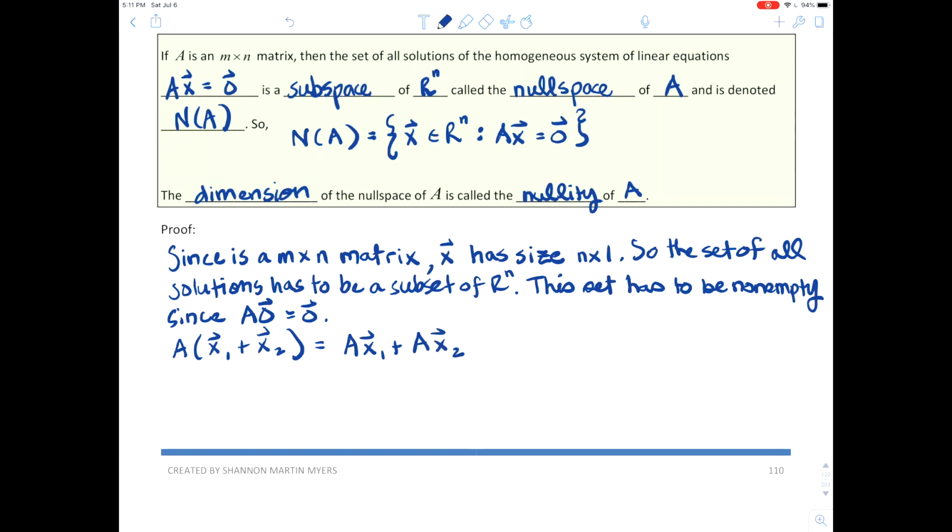But what do each of those have to equal to? Beautiful. It's got to equal to the 0 vector plus the 0 vector, which is equal to the 0 vector. So we have closure under addition.